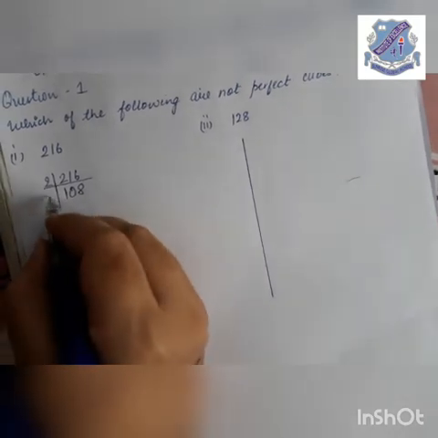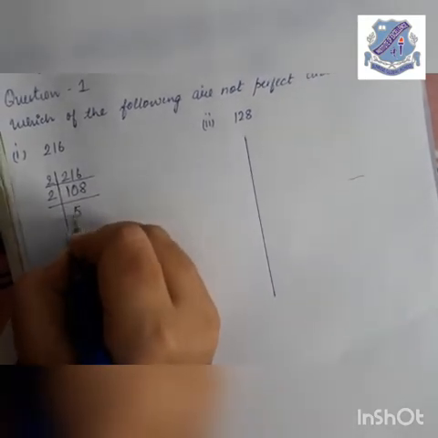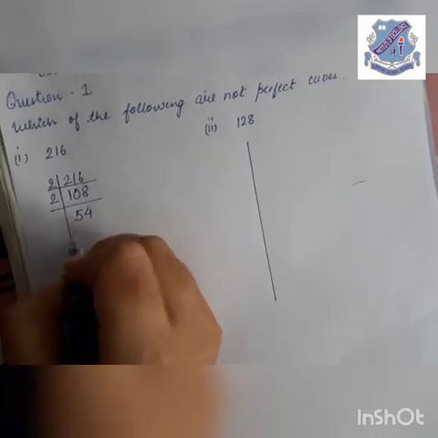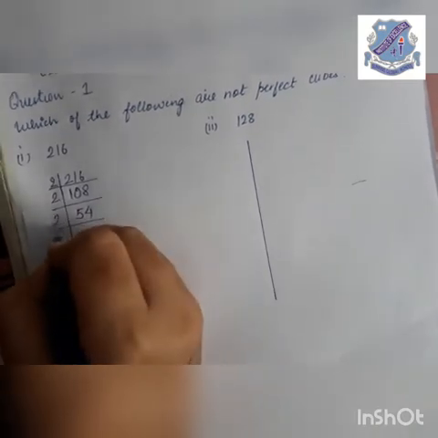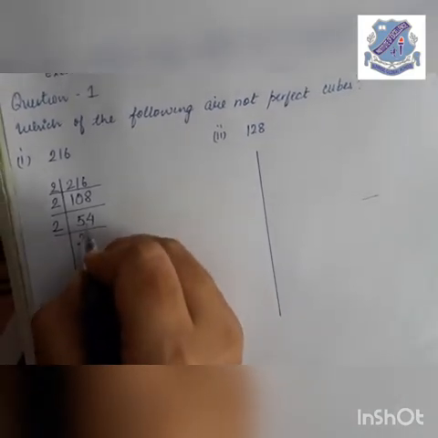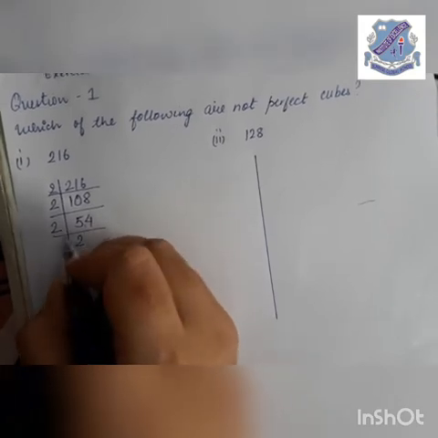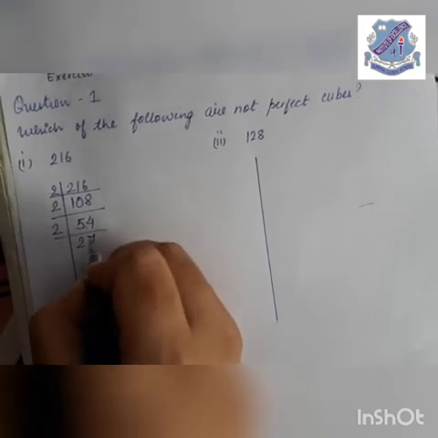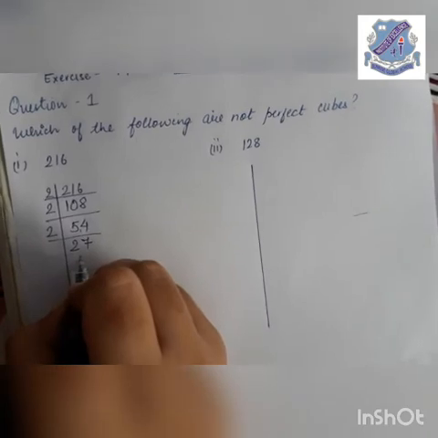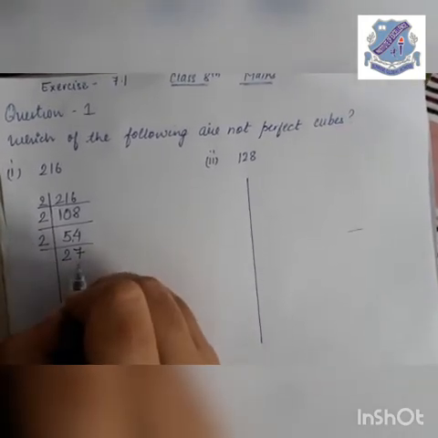Right? So now again going with 2: 2 5s are 10 and 2 4s are 8, correct? Next, again moving with 2. 2 2s are 4 and 1 will be remaining, so we'll carry 1 over here, and dividing 14 by 2 we'll get 7 as the answer. So here we get 27. Now this is an odd number, so 2 cannot be continued any further.